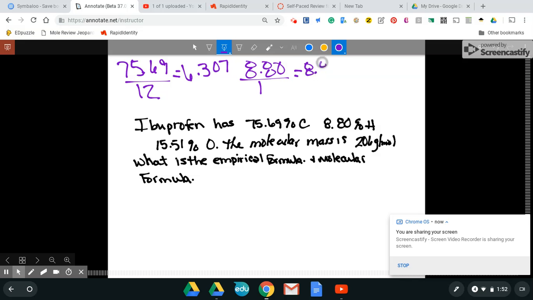So that should get 8.80. And then I'm going to take 15.51 divided by 16. And that gives me 0.969. So obviously this is my smallest decimal. So I divide everything by this.